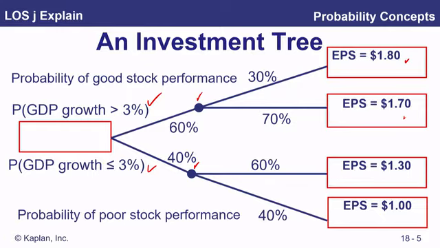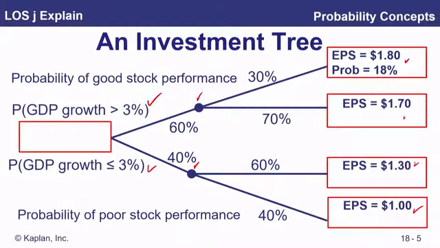And if GDP growth is lower than 3%, earnings aren't going to be as good. Our model tells us there's a 60% probability earnings per share will be $1.30 and 40% probability that they'll be just $1. So that's our investment tree, and we're going to use this to look at conditional and unconditional expectations.